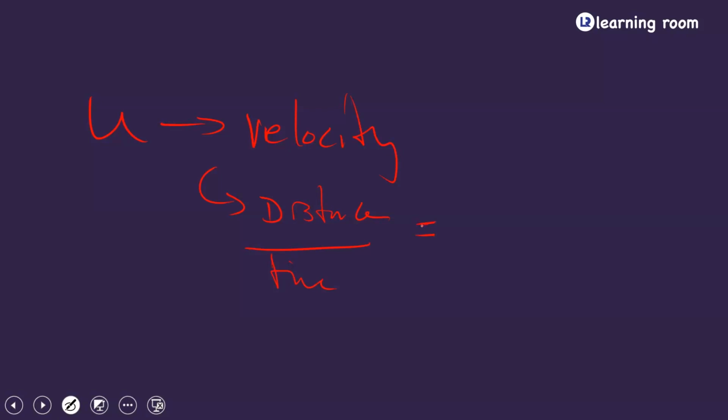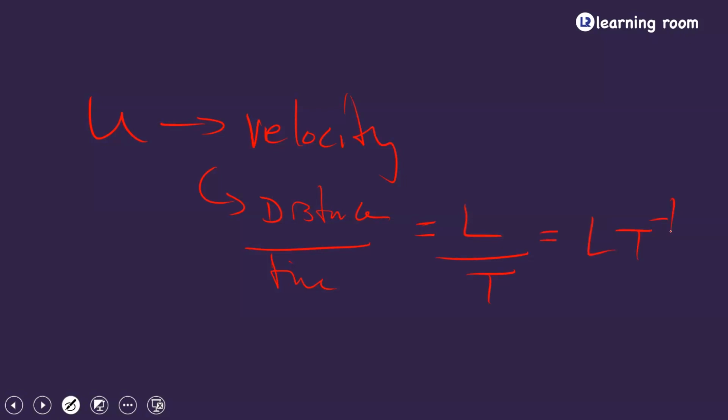What is displacement in terms of MLT? Displacement is L. Distance is L, correct. Divided by T. So LT to the power minus 1.